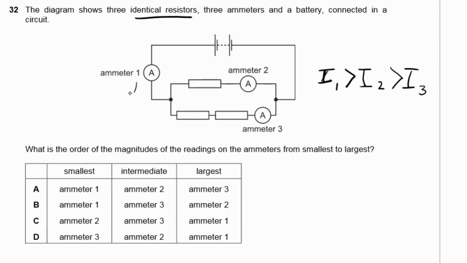So smallest to largest: the one on the left-hand side will be ammeter 3, and then ammeter 2, then ammeter 1. That leaves us option D.